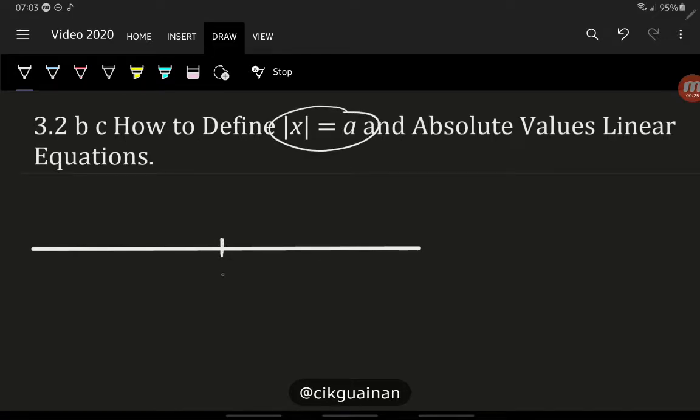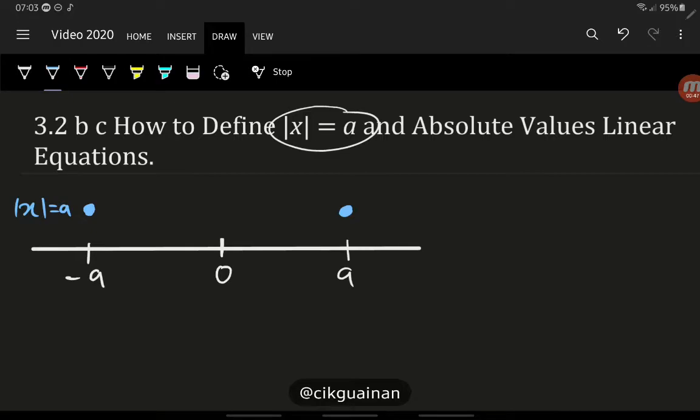If 0 is over here, and a is over here and minus a over here, modulus x equals a means that we want this one or this one.